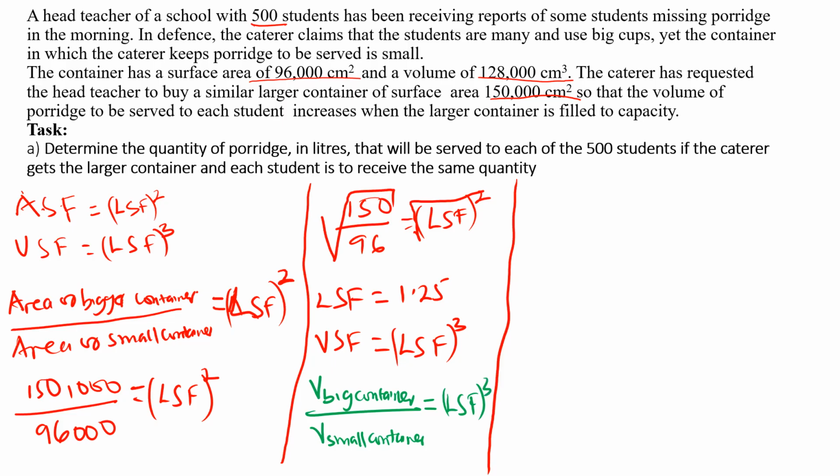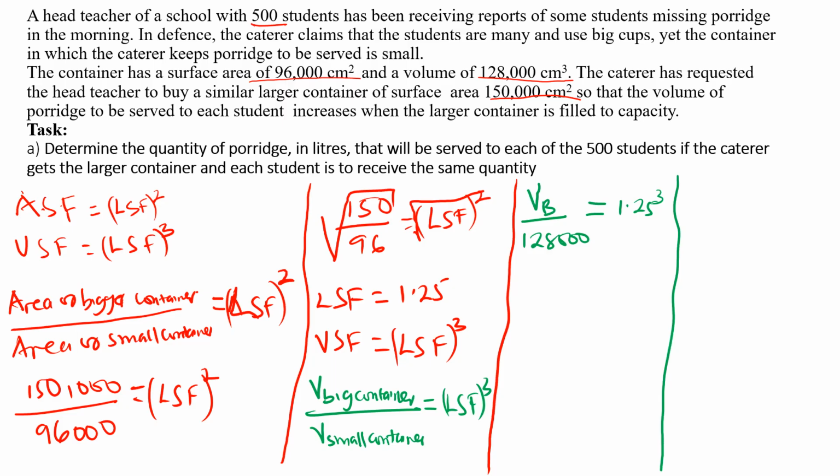But I have the volume for the small container, that is 128,000, and I don't have the volume of the larger container. So here we shall have volume big divided by 128,000 is equal to the linear scale factor cubed, which is 1.25, cubed.